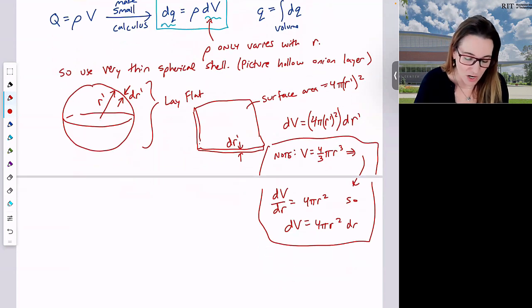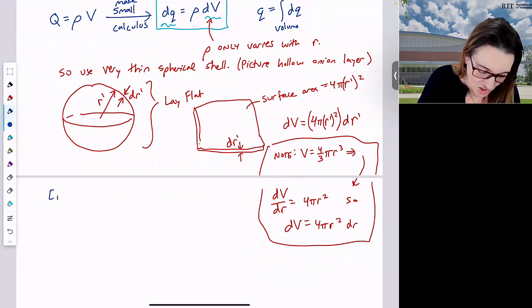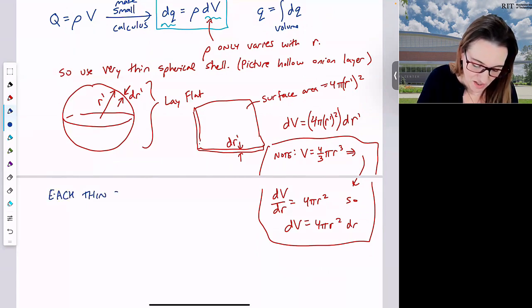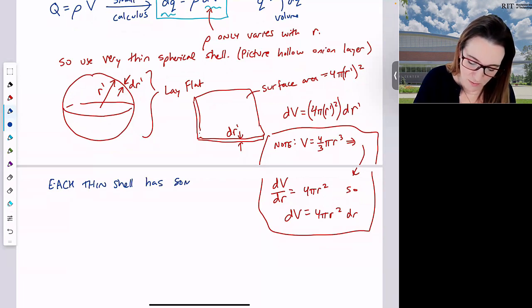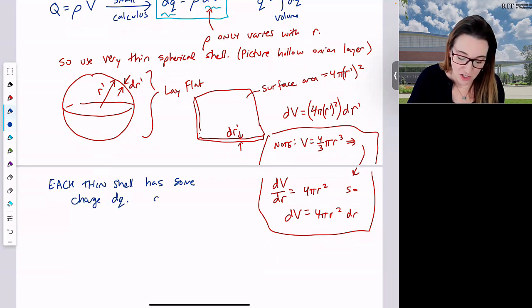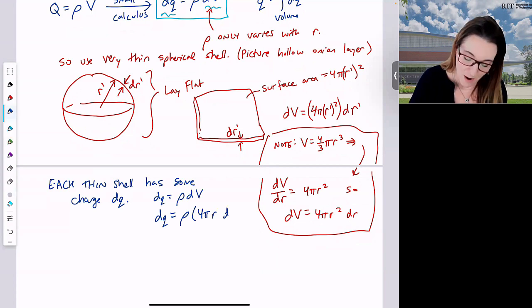And so each onion layer, so each thin shell, has some tiny charge dq, and that dq again equals rho dV, and now we've decided that that dV is 4 pi r squared dr, so dq is rho times 4 pi r squared dr. Sorry, I keep forgetting the prime.